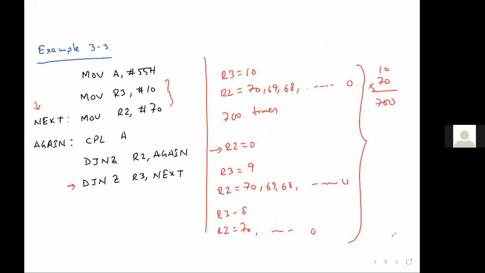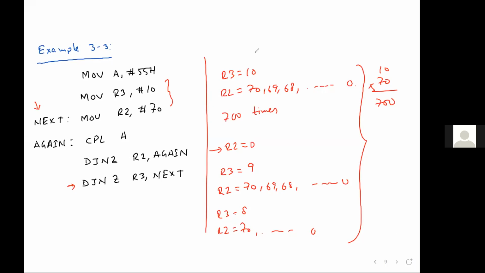Sir, R3 is 10, then R2 is decreasing, but when R2 is 0, then again R3 is 9. From this point, I did not understand. Okay, so initially R3 is 10, right?